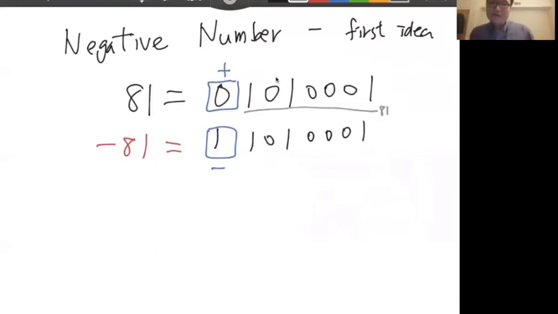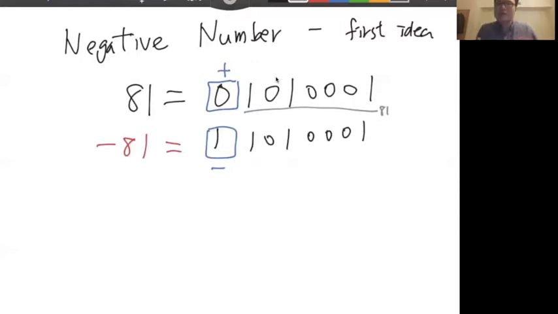Why? First of all, when you do a computation, if you want to do 81 plus negative 81, the computation is not so easy, right? You have to think, okay, I need to compare the first digit, then use the first digit to decide: if one is negative and one is positive, then I need to do the subtraction.